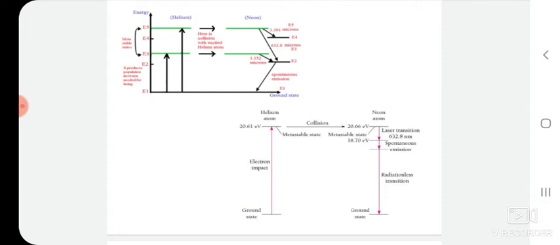Then another photon is spontaneously emitted in a transition to a lower metastable state. This transition yields only incoherent light.